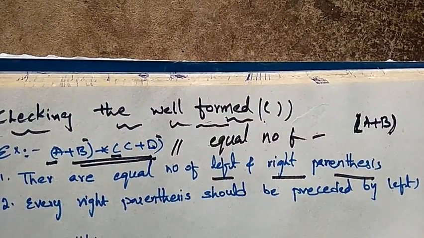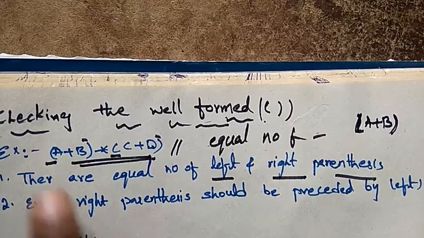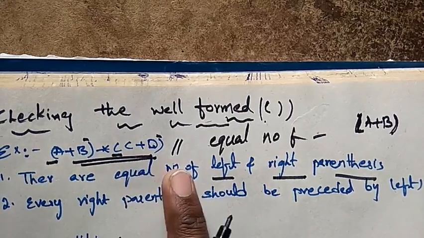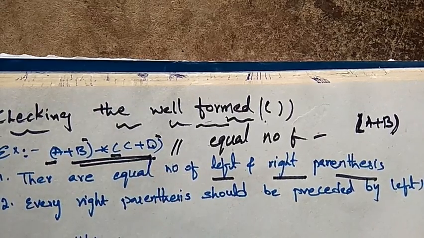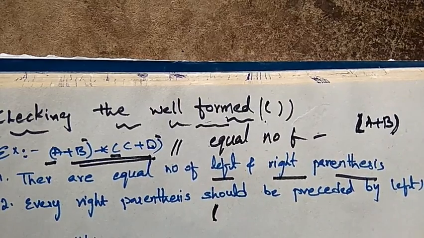In order to check whether the parentheses are valid or not, there are two conditions that have to be remembered. Whenever you are scanning your expression, in our stack we will be inserting the left parenthesis, and after this we will be scanning your expression.